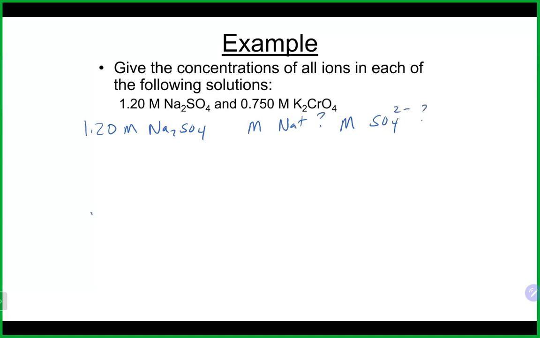And same sort of question for our 0.75 molar potassium chromate. What is the molarity of the potassium ion, and what is the molarity of the chromate ions floating around in that solution? All right, so take a moment there and see what you come up with in this case.